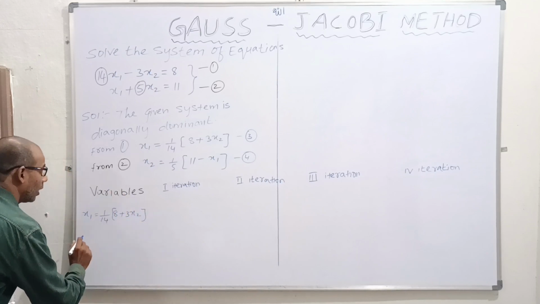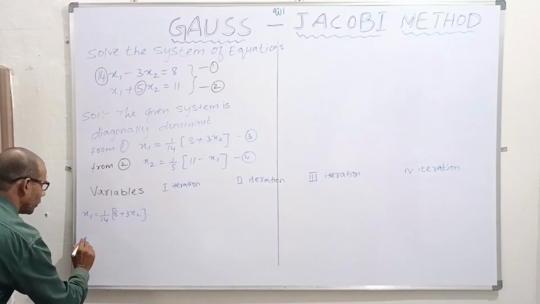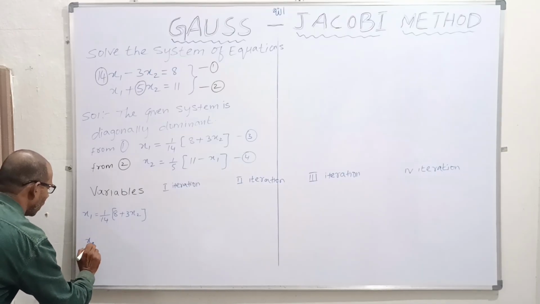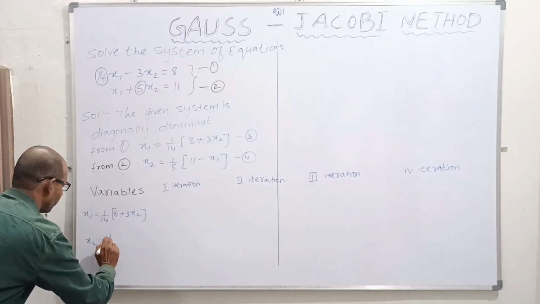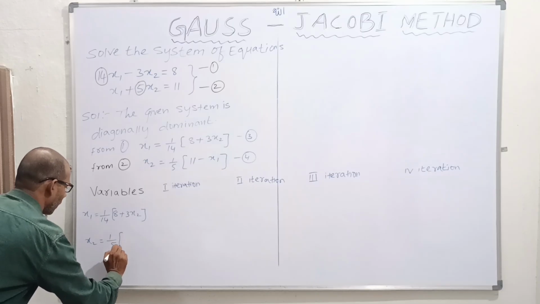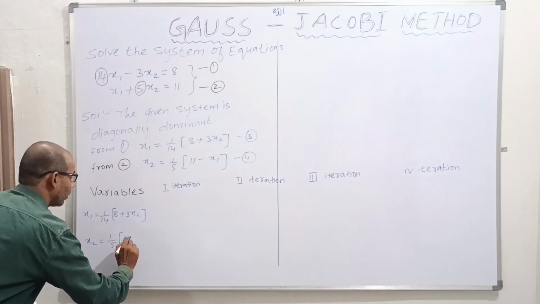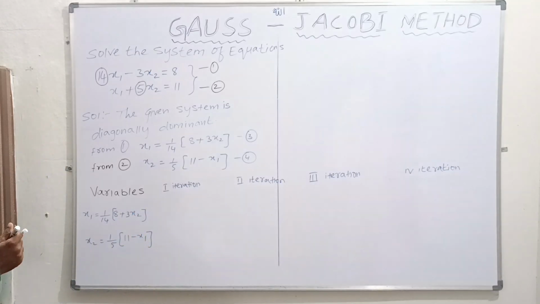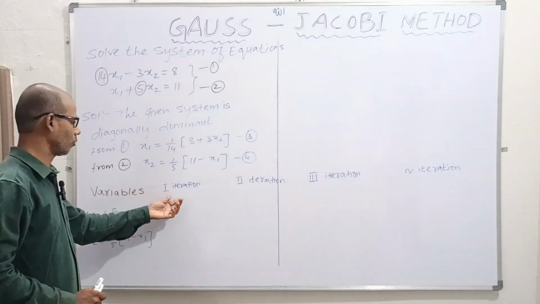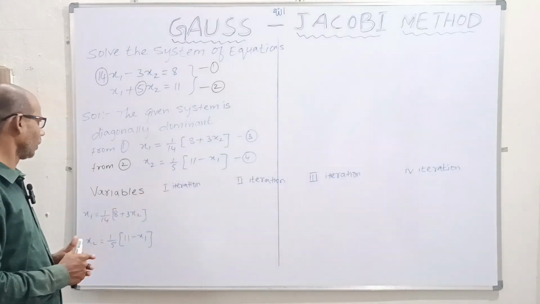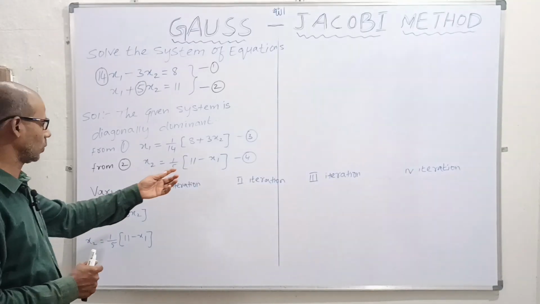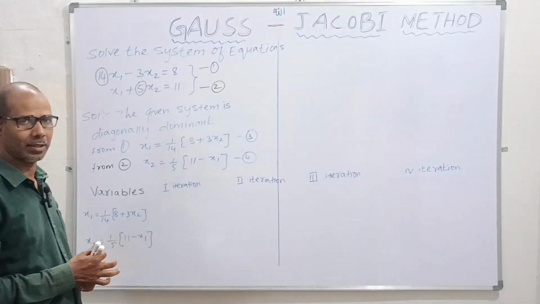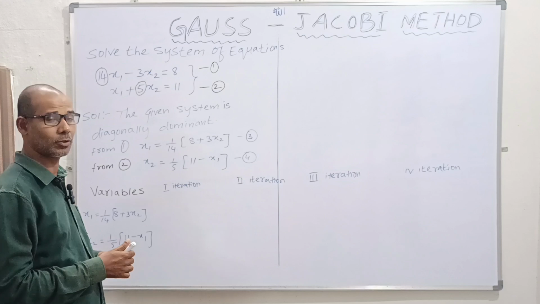Similarly, from 4, x2 is equal to 1 by 5 into 11 minus x1. For the first iteration, we have to take x1 and x2 as equal to 0.